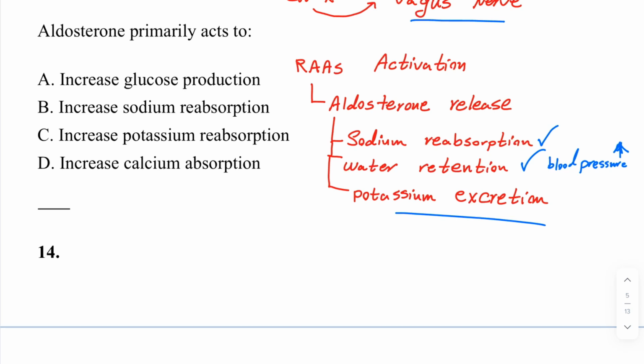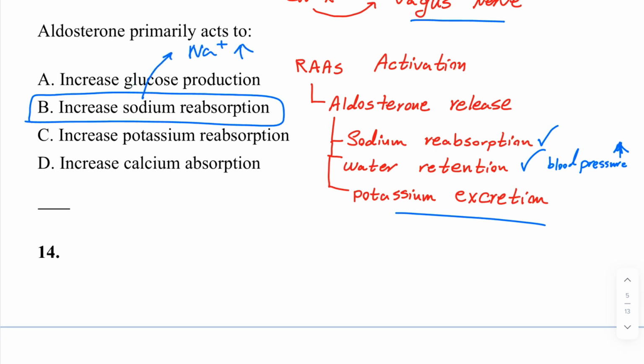Therefore, the main action of aldosterone is to increase sodium reabsorption. So the sodium in blood goes up.